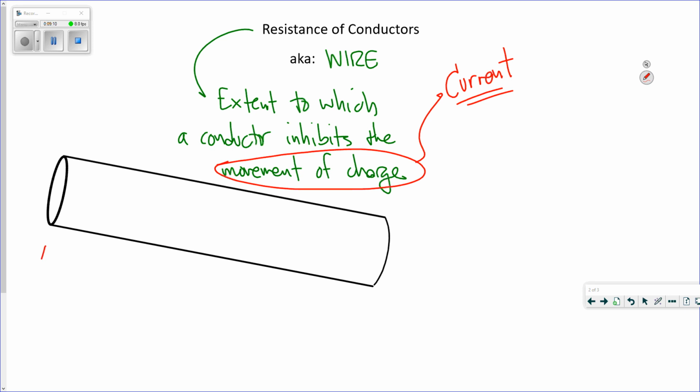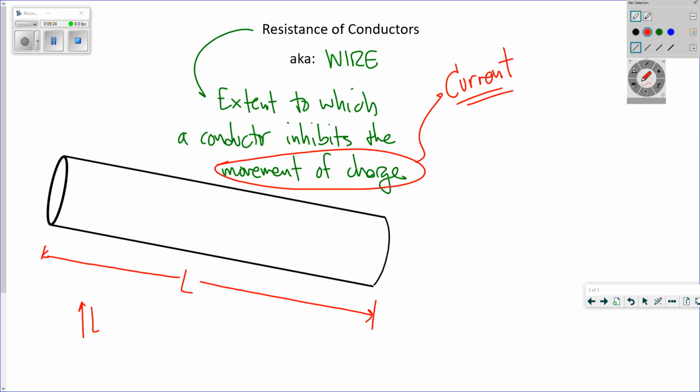So it depends on the length of the conductor, and in particular, the longer a conductor is. Let me do this to keep with the conventions of how I normally say this sort of stuff.